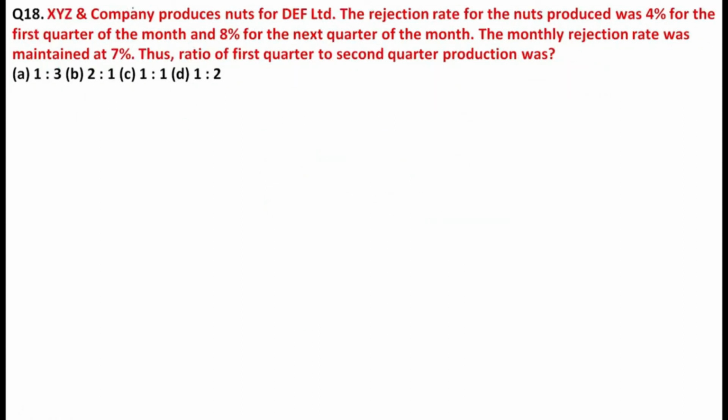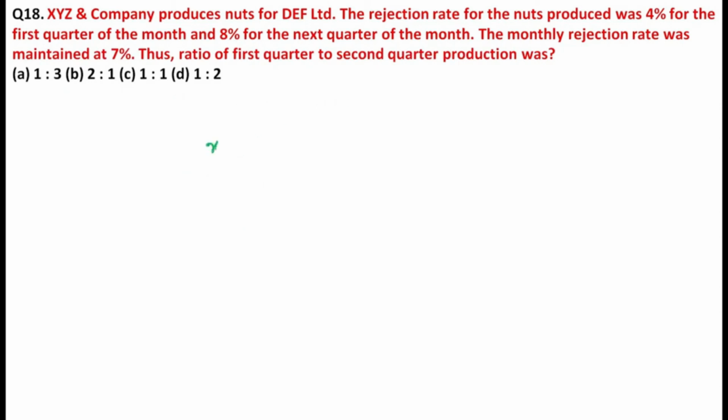Next. Now see, XYZ company produces nuts for DFT Limited. The rejection rate of nuts produced was 4% for the first quarter of the month and 8% for the next quarter of the month. The monthly rejection rate was maintained at 7%. What is the ratio of the first quarter to the second quarter? You can use the concept of allocation mix.